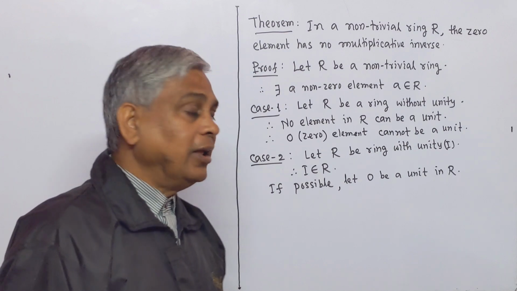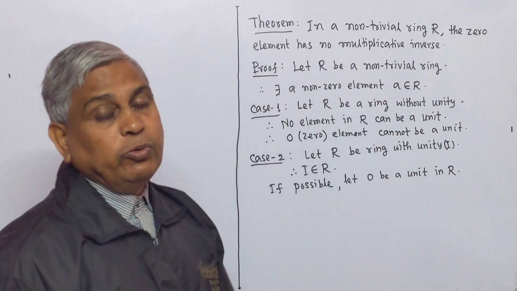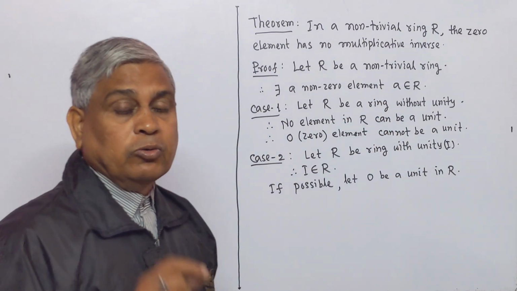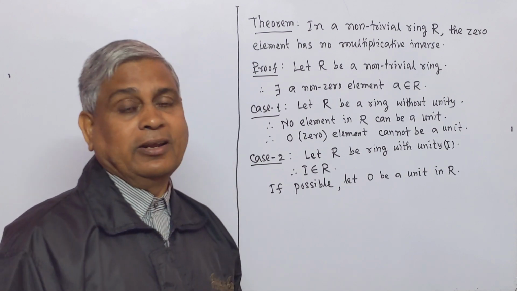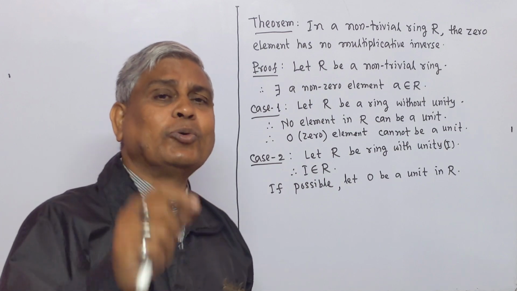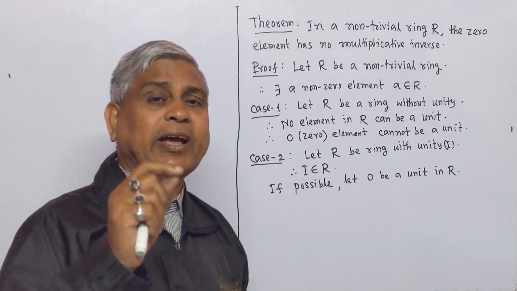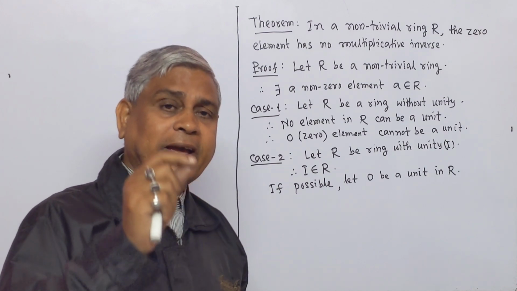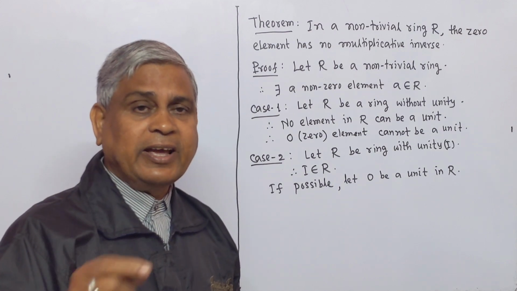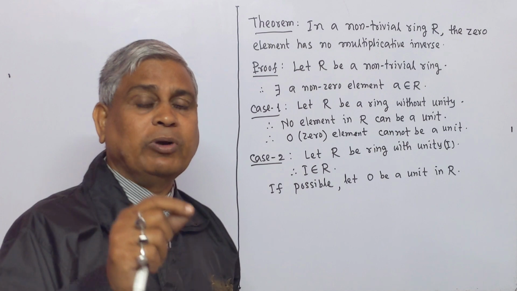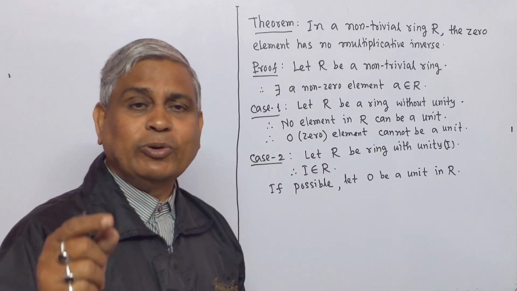Case 1, let ring R be without unity. Without unity means there is no unity element in R. So, there is no question of inverse of any element, because if we take any element x in ring R and y be its inverse, then x multiply y equal to unity and y multiply x equal to unity.